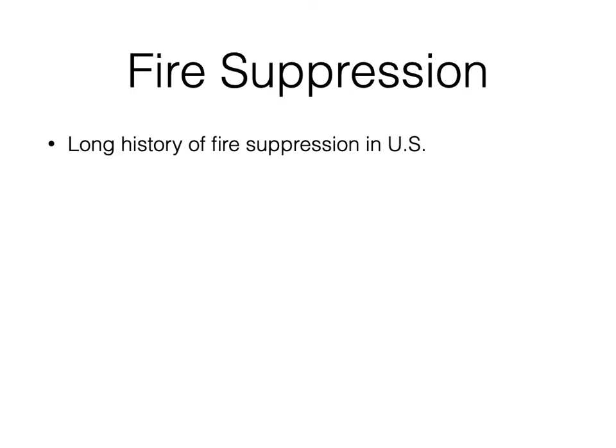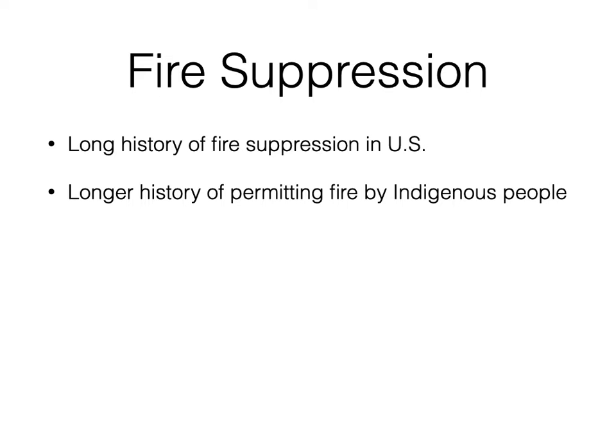And that's the result of a long history of fire suppression by the United States, which followed an even longer history of indigenous people living on the landscape in a very different way. They sought not to prevent any and all fires, but recognized that fires were helpful and useful for their own purposes, but also helpful and useful for the other species that were living there.